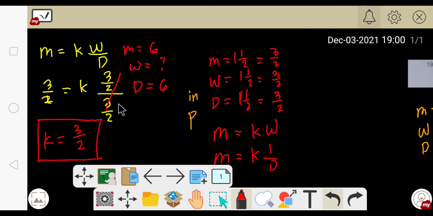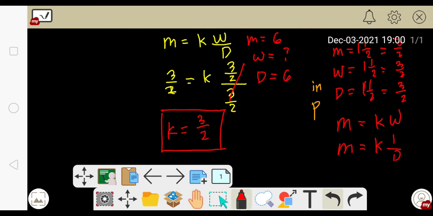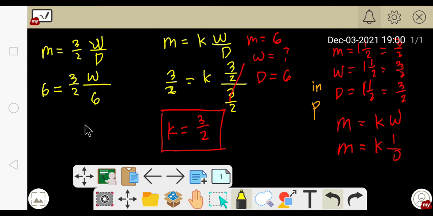So all we have to do is plug this into our new equation, m is equal to the constant k, 3 halves, times w over d. So the number of men is 6, equal to 3 halves times w over d, where the number of days is 6.